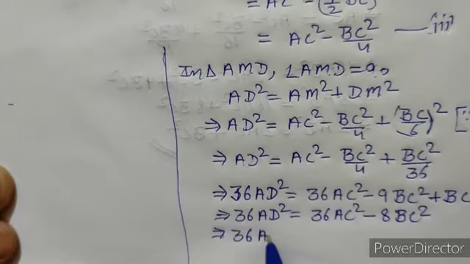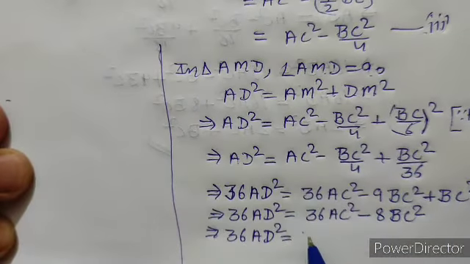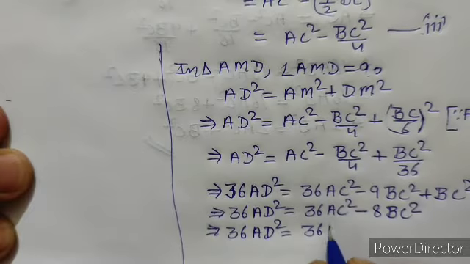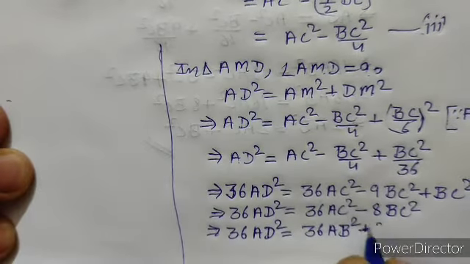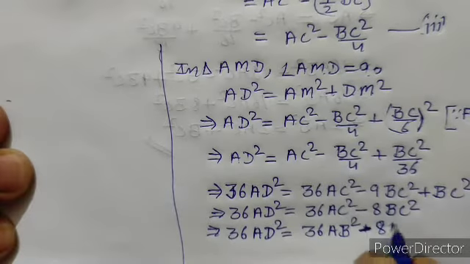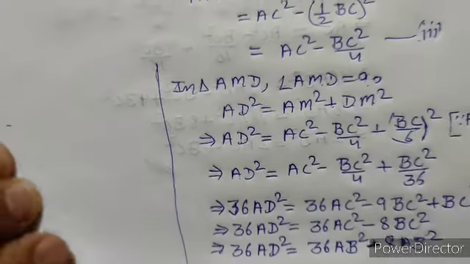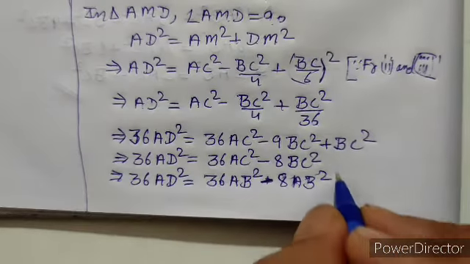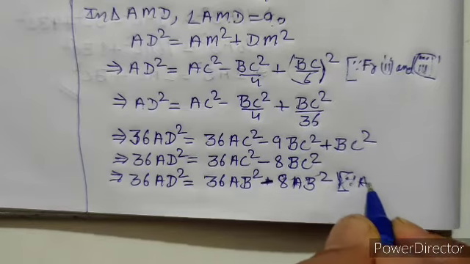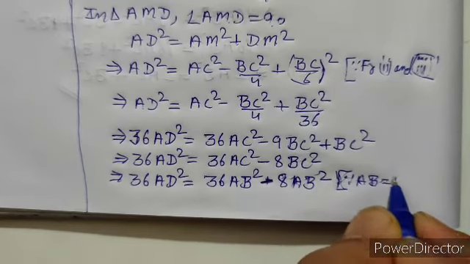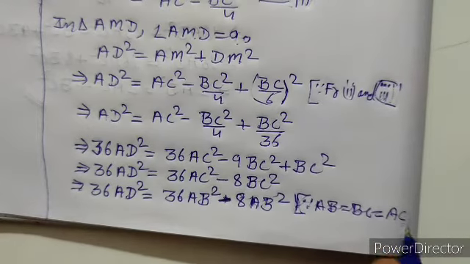Now in the right hand side we need AB, so in place of AC we can write AB, and BC can also be written in the form of AB, because ABC is an equilateral triangle, due to which AB will be equal to BC will be equal to AC.